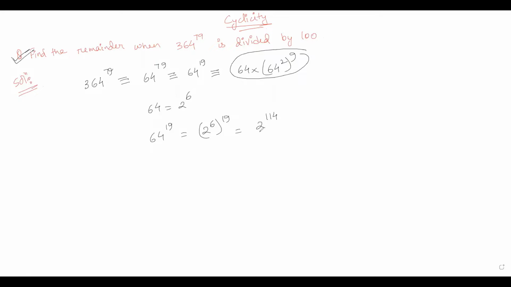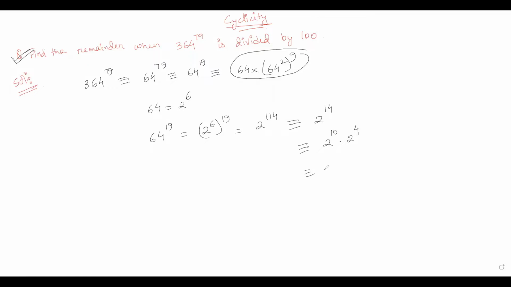And again, the last two digits of this would be same as the last two digits of 2 raised to the power 14, because this will also follow a cyclicity of 20, and 114 divided by 20 will give us a remainder of 14. Now we know that 2 raised to the power 14 can be written as 2 raised to the power 10 times 2 raised to the power 4, and 2 raised to the power 10 is 1024.